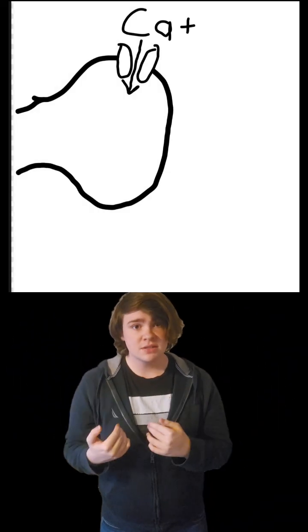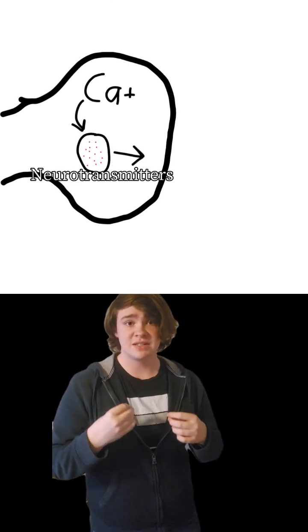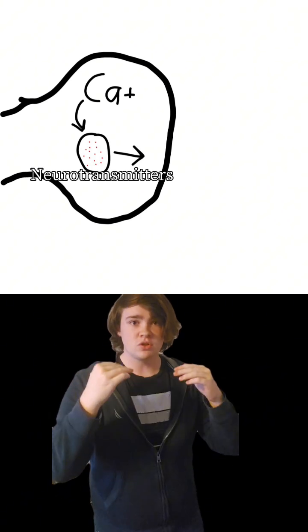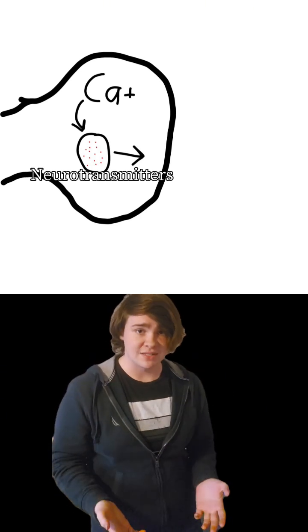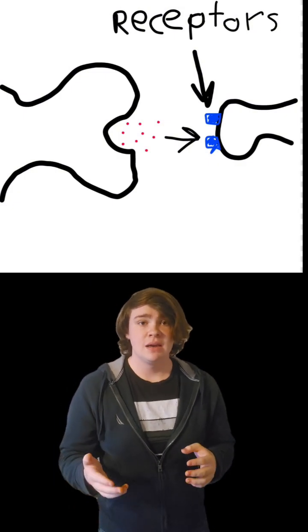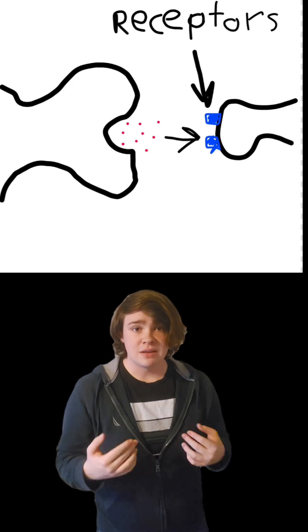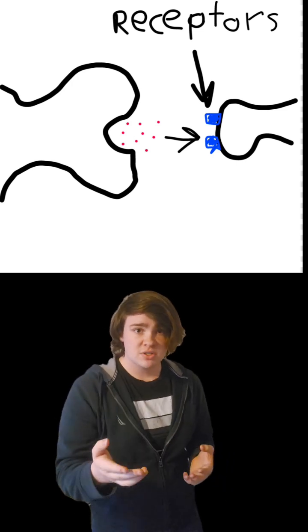Now, this influx of calcium ions into the neuron is going to cause vesicles containing the neurotransmitters we want to go to a new cell to go to the axon terminal of our presynaptic cell. From here, they will then leave the presynaptic cell via exocytosis, and they will travel through the synapse into the receptors of the next cell, our postsynaptic cell.